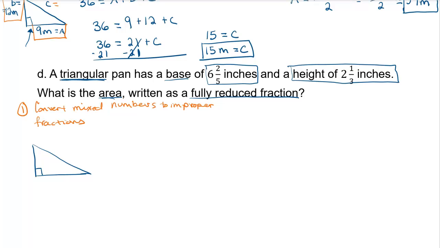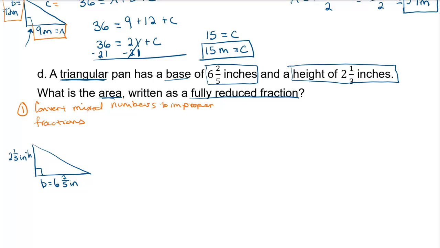I'm just representing the problem. Okay, so it has a base of 6 2/5 inches. So B equals 6 2/5 inches and a height of 2 1/3 inches. Okay, and that is my height.